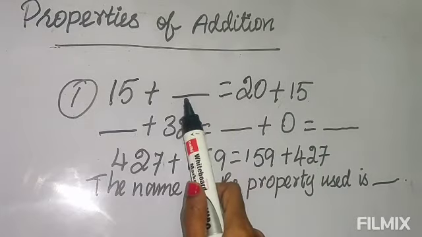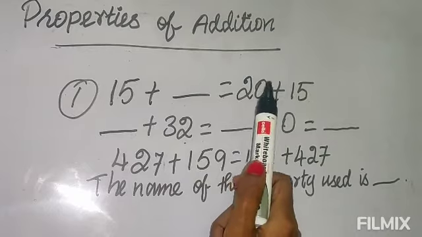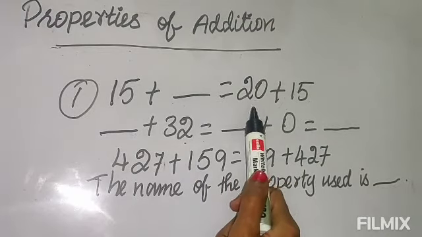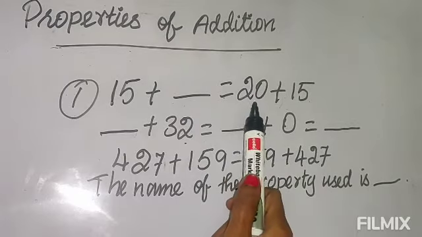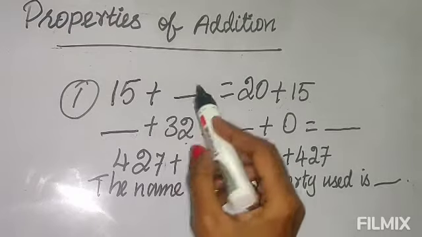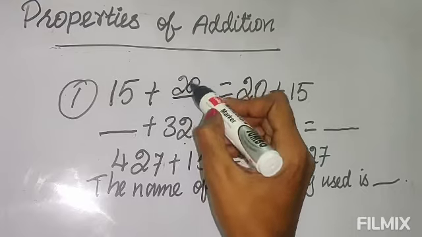But on the left side one number is missing. You can find that number from the right side. Which number is on the right side but not on the left side? That is 20. 20 is on the right side, but it is not on the left side. So that number will come here. You need not calculate.